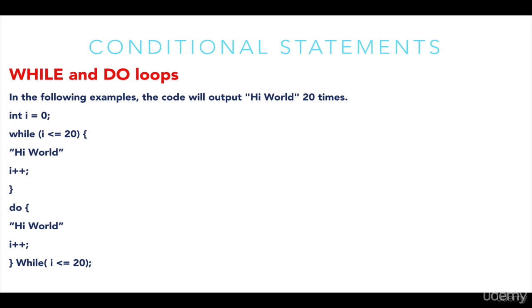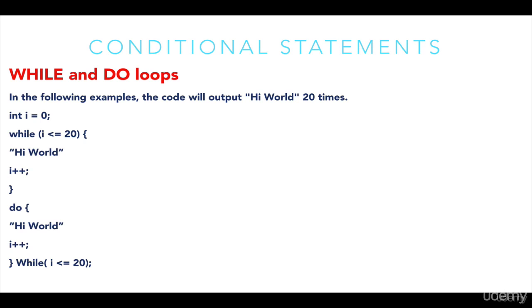So for creating a while loop in our code, first we need to type in while, and then we need to put in the condition code in between the parentheses. So because I want to output the HighWorld text 20 times, I need to specify that until the I is less than or equal to number 20, output the HighWorld text.